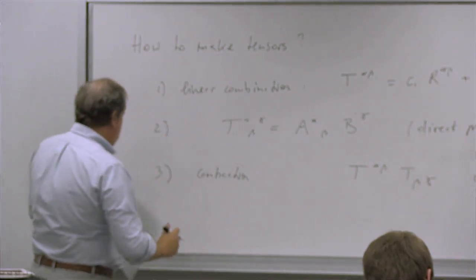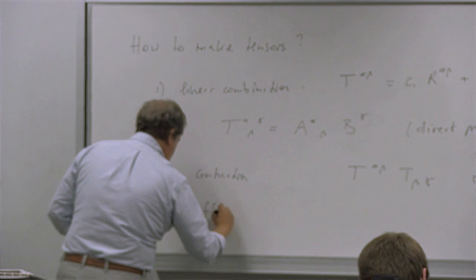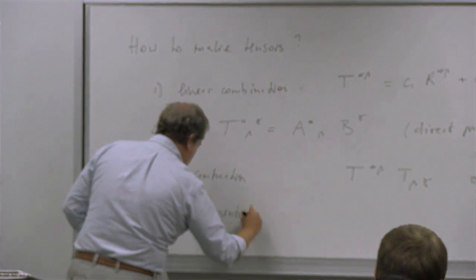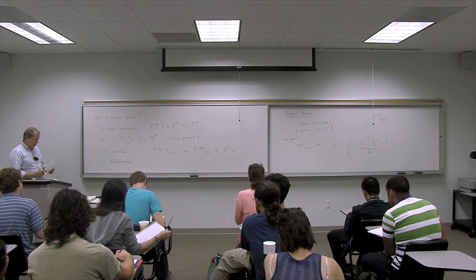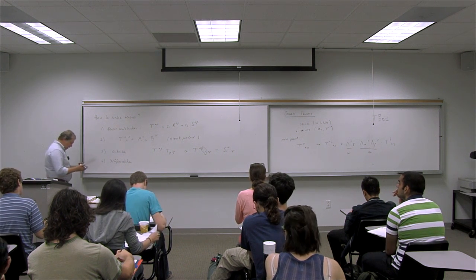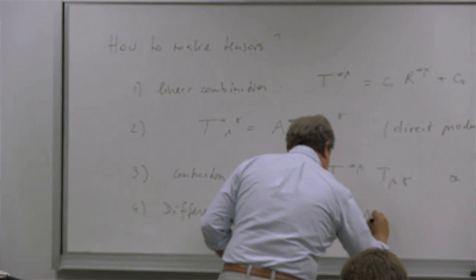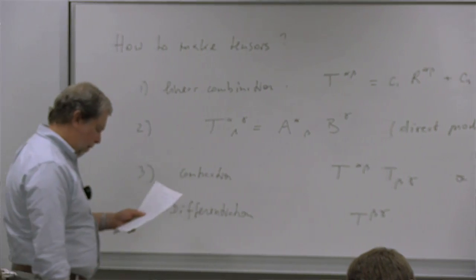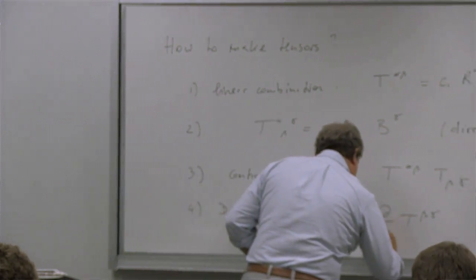And so the fourth thing we can do is differentiation. This is an important aspect: we can take T beta gamma, and take the derivative with respect to x alpha.